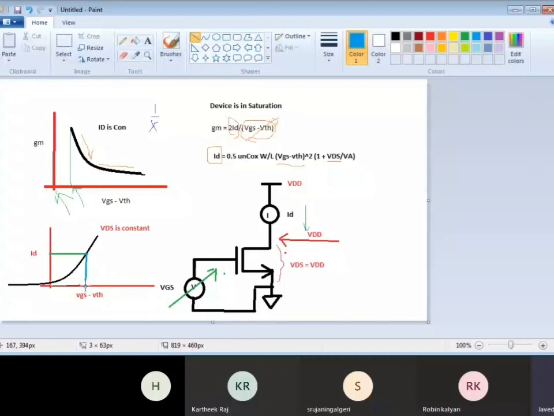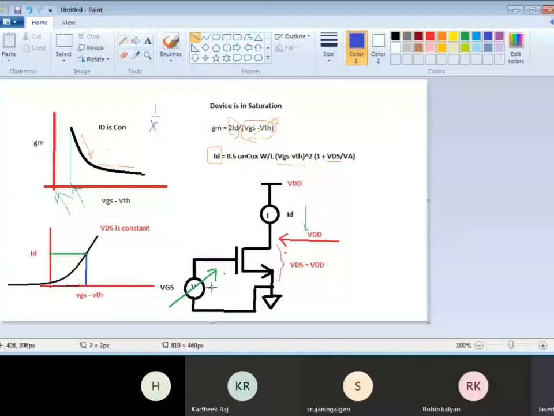Okay, now with this in place, when you have this ID constant, you have biased your device at this particular point. Now move your attention to the above graph. After you have biased it at this particular VGS minus VTH, this bias is done.